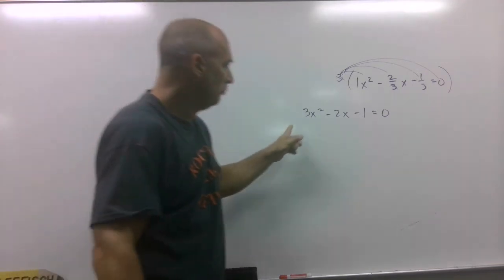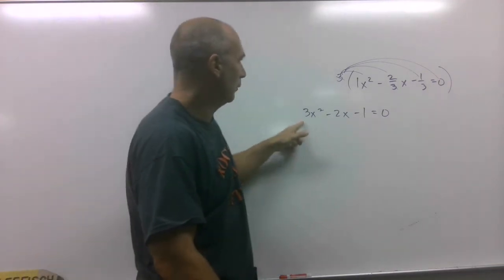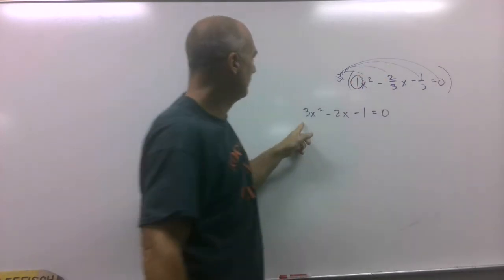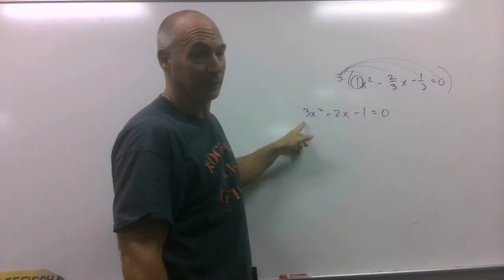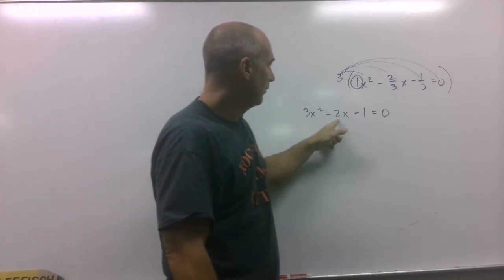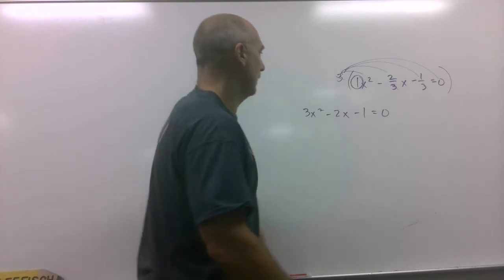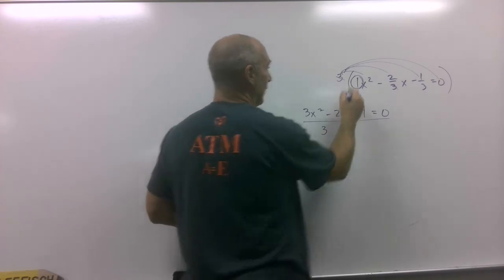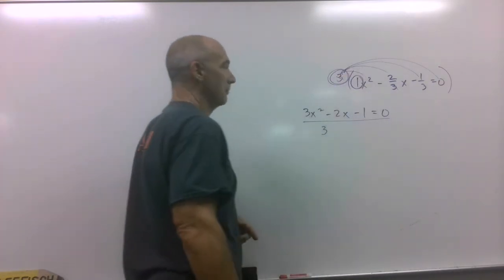Now, if you're looking at this and you're thinking, wait a minute, I thought you said this has to be a 1. And that is true. It must be a 1 in order to use completing the square. Now this one, you're like, well, then I'm going to have to divide everything by 3. And you're not wrong. So if I divide that all by 3, it's kind of like this was a waste of time.